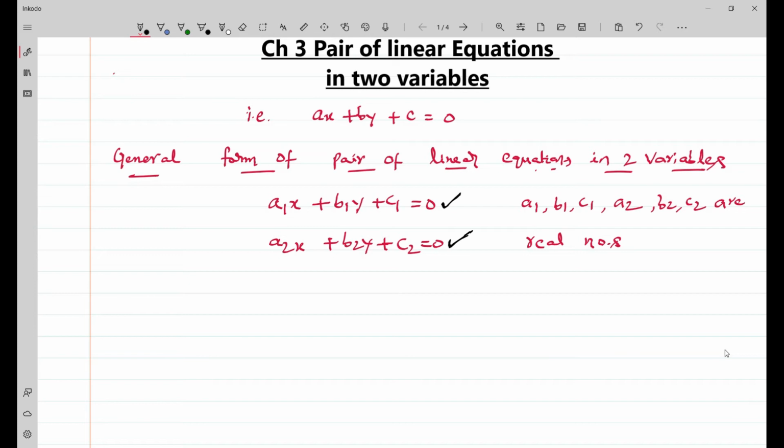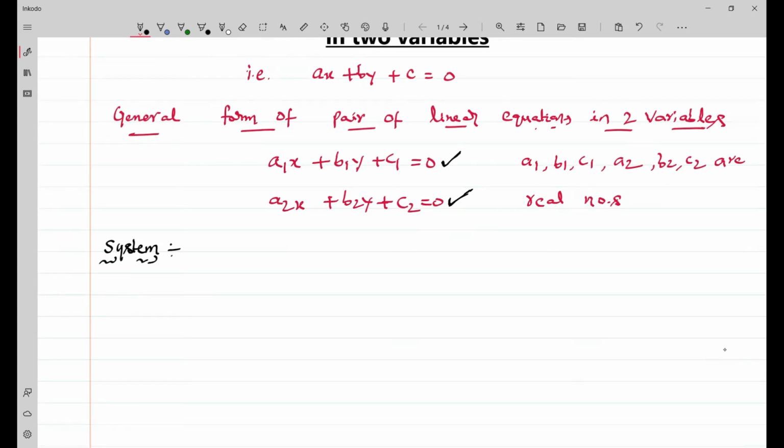Now let's discuss the system of pair of linear equations in two variables. There are three conditions. All three conditions I will explain with the help of a table. In the first column I am going to write the condition.